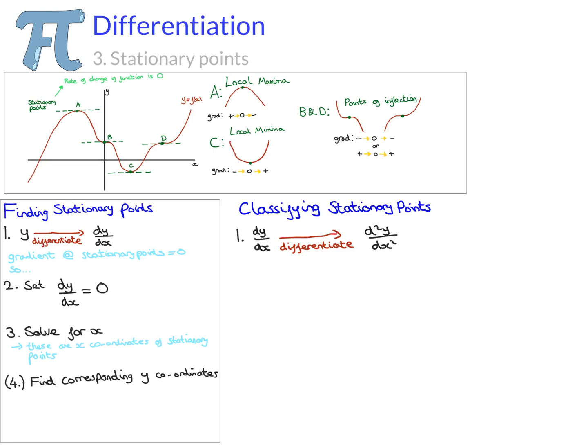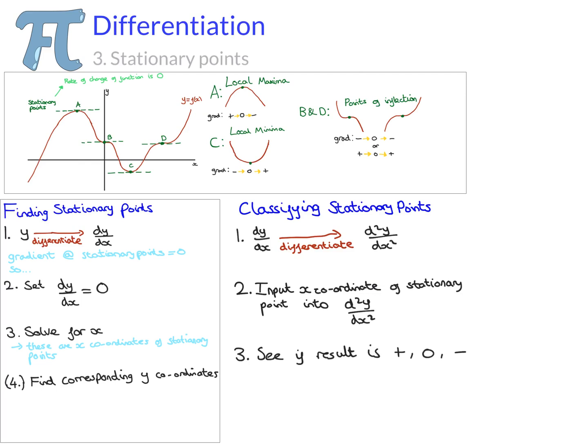We denote this new function as d2y/dx squared. We then take the x-coordinate of the stationary point that we care about and we input it into this second derivative function. When we calculate the result, we don't really care about the number we get out, just whether it is positive, negative, or 0.